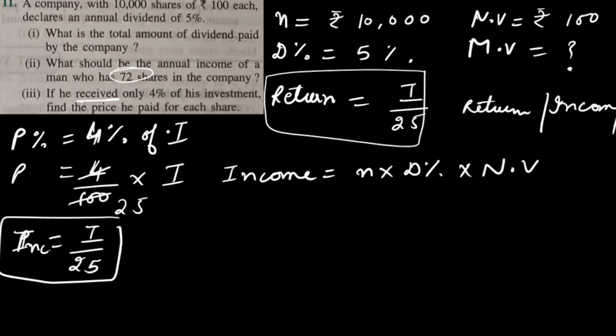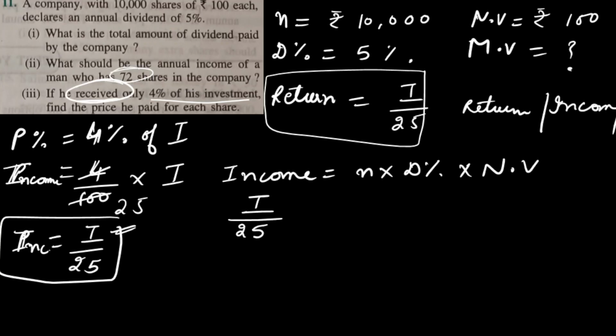How much did he get? He got 4% of his investment. Investment I am writing as capital I; it's not given to us. Profit means income only, and I have calculated it as I by 25.